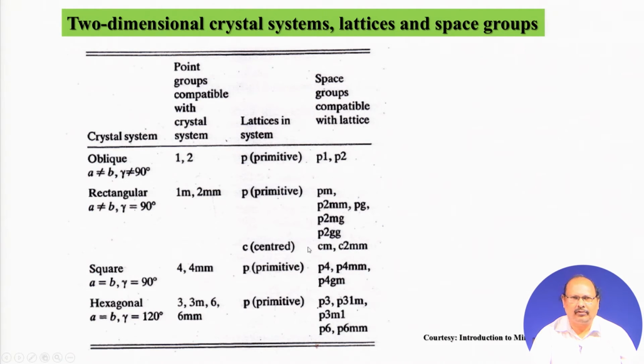So, in case of centered rectangular lattice, you have a space group which is C m and the other is called C 2 mm.